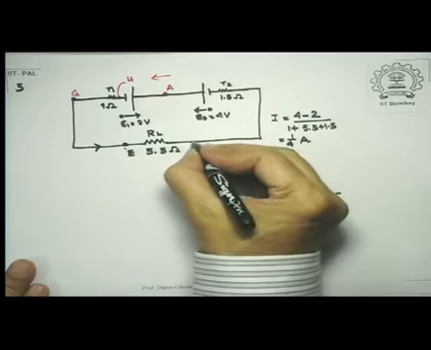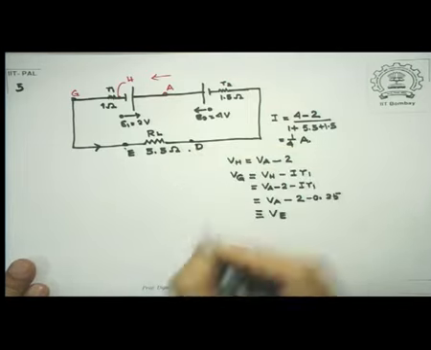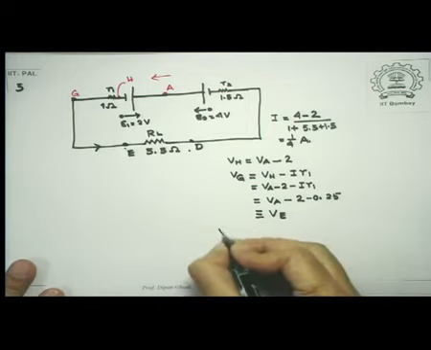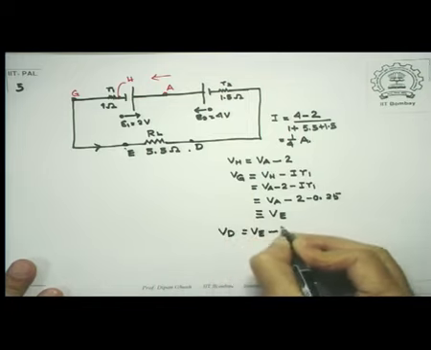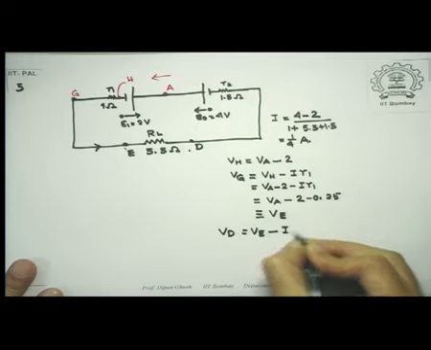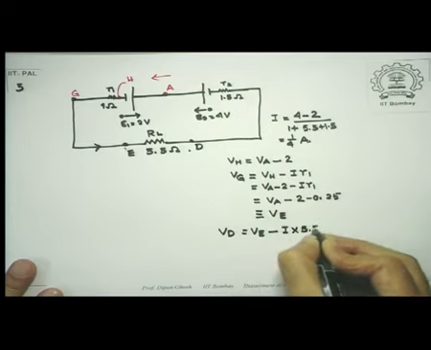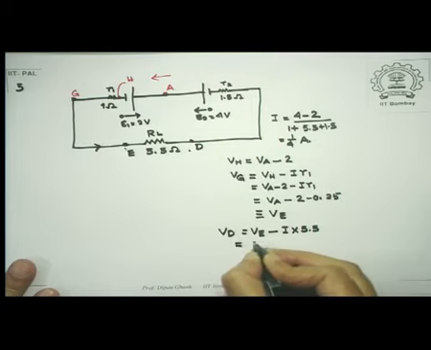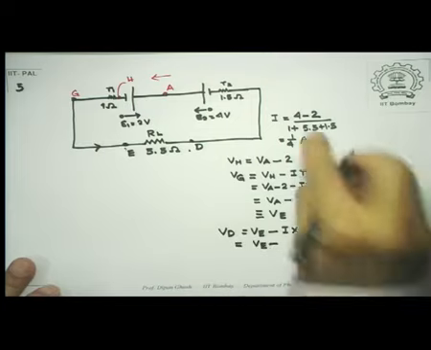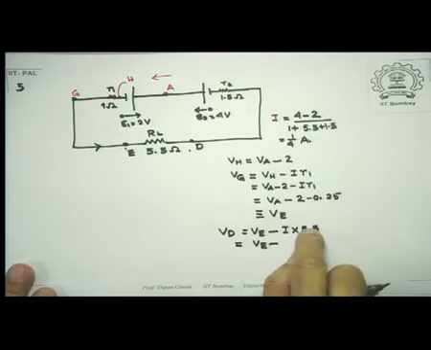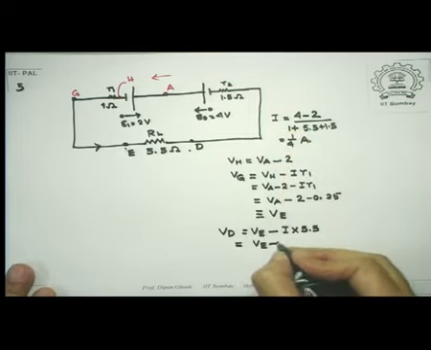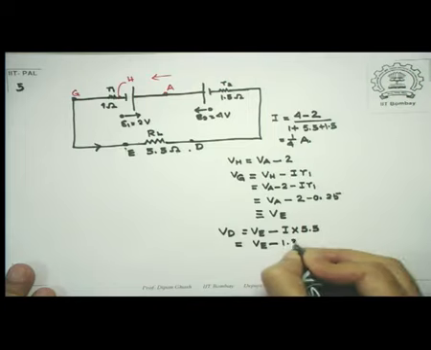Now let me come to this point, D. So we say that Vd is Ve minus I times 5.5, that's equal to Ve, I was taken to be 1 by 4, shown to be 1 by 4, 5.5 into 1 by 4, which is 1.375.